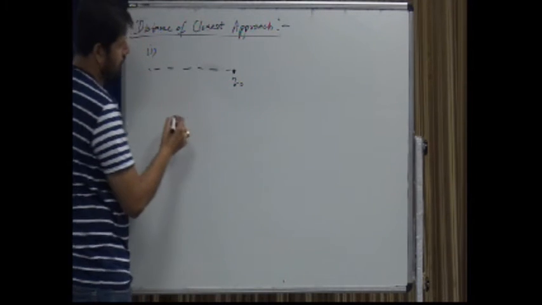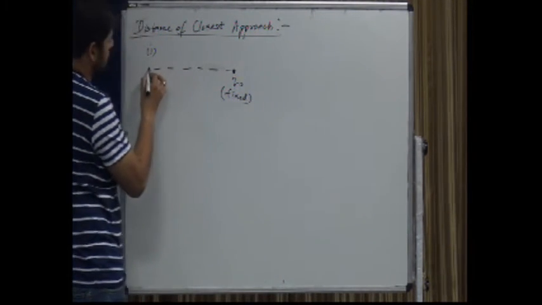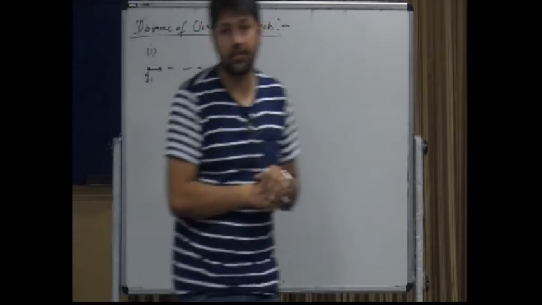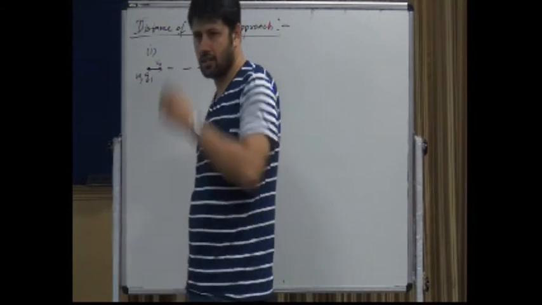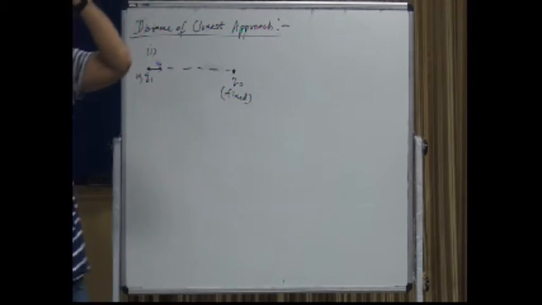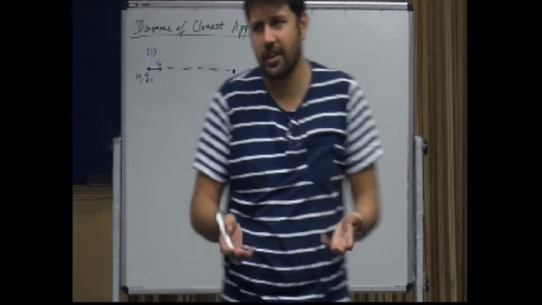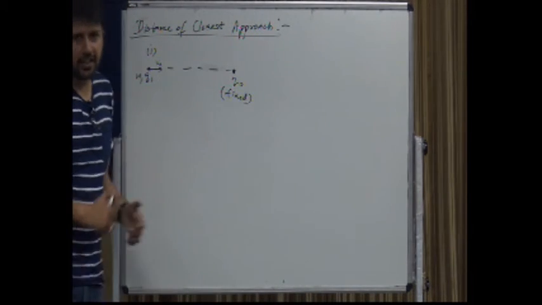Let's call it Q naught. This is fixed. Now this charge Q1 is projected toward the fixed charge, moving with initial velocity V naught, and mass is m. The fixed particle would have some mass, but we don't need it because it won't be moving, so we don't need to calculate its kinetic energy.